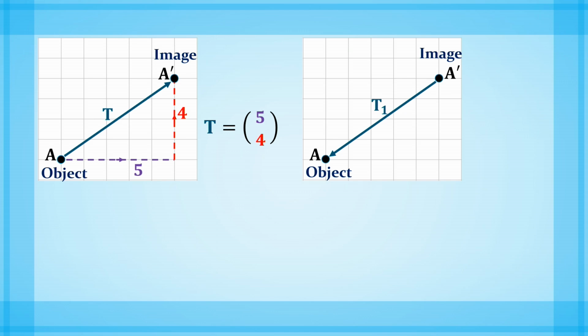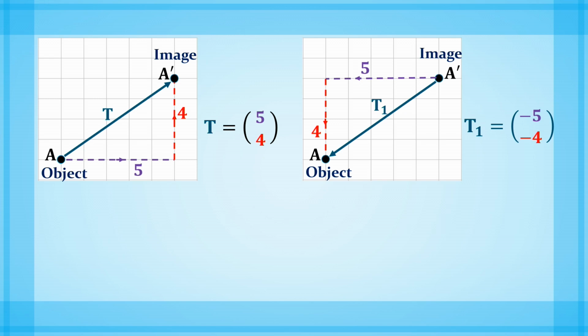Now, if we express T1 in column form by considering the horizontal and vertical movements starting from the image A', which are 5 units to the left followed by 4 units downwards, we obtain -5 as the horizontal component and -4 as the vertical component.